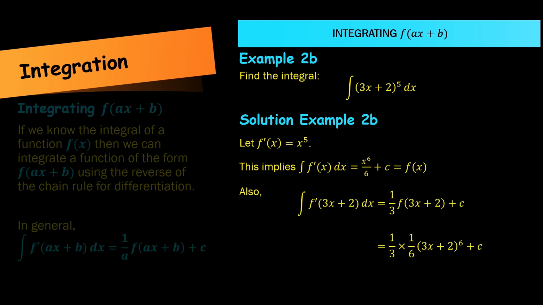And so plugging in the appropriate values as shown gives us that the integral is equal to a third times a sixth times 3x plus 2 raised to the power 6 plus c. And tidying up gives us 1 over 18 times 3x plus 2 raised to the power 6 plus c.